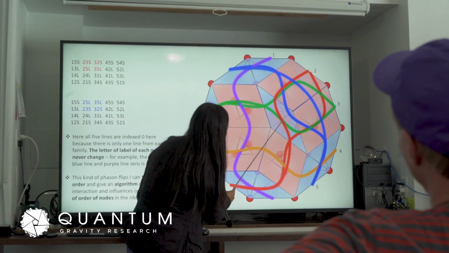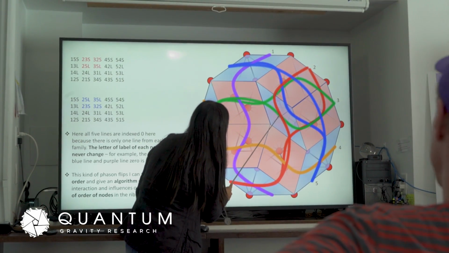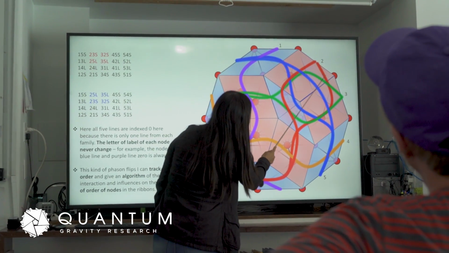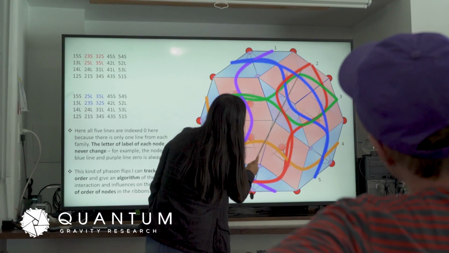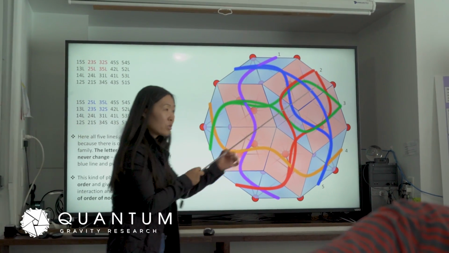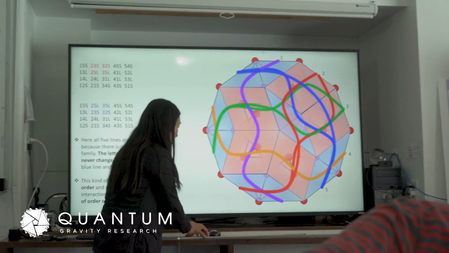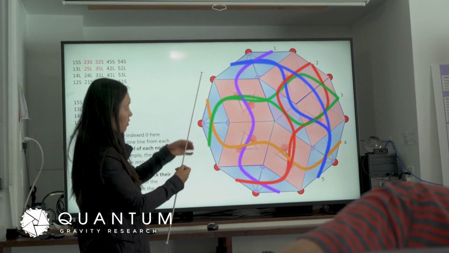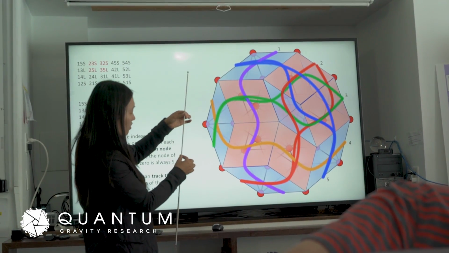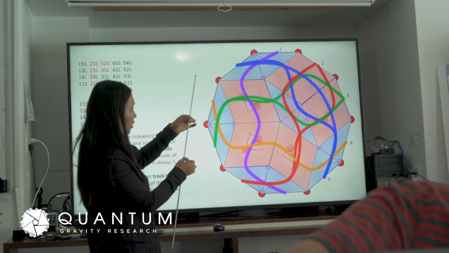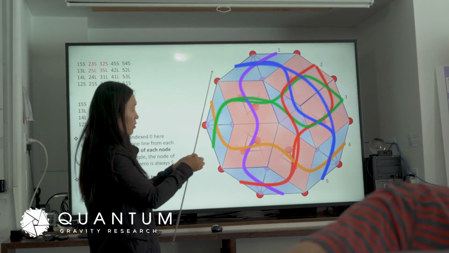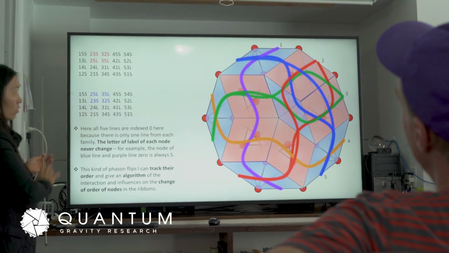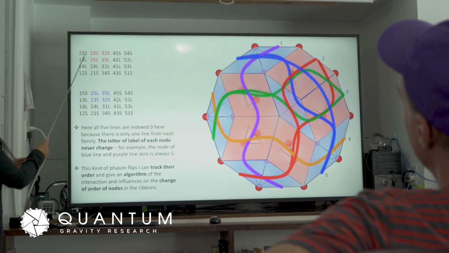Now instead of intersecting with green first, it intersects with blue. So if this is 2, and here they intersected the 5, here they intersected 3, somehow you put this down and you put this up. So there is an order change, and that's all. Only the order changes and the letter doesn't change.